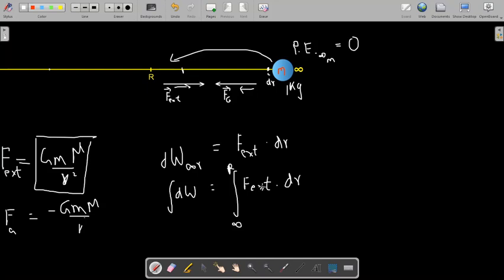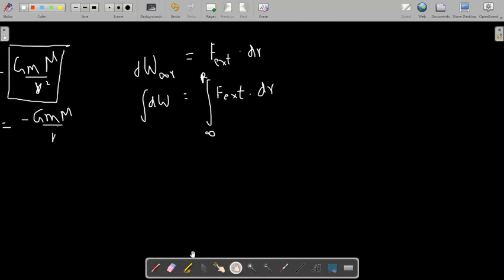So the work done from infinity to capital R is the integral from infinity to R of GMm upon small r squared times dr.